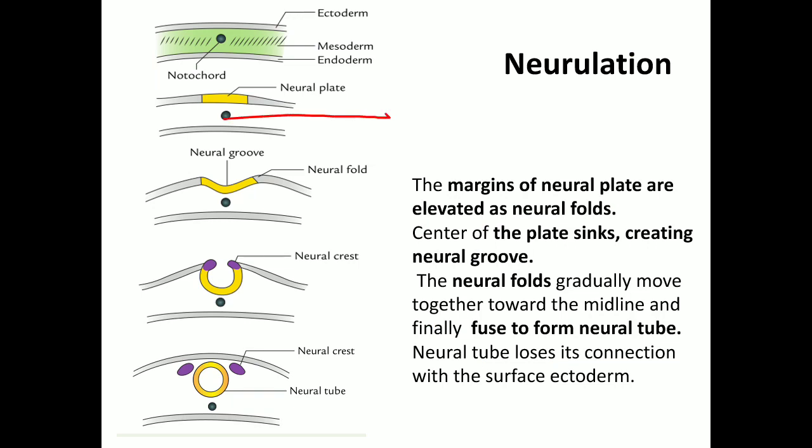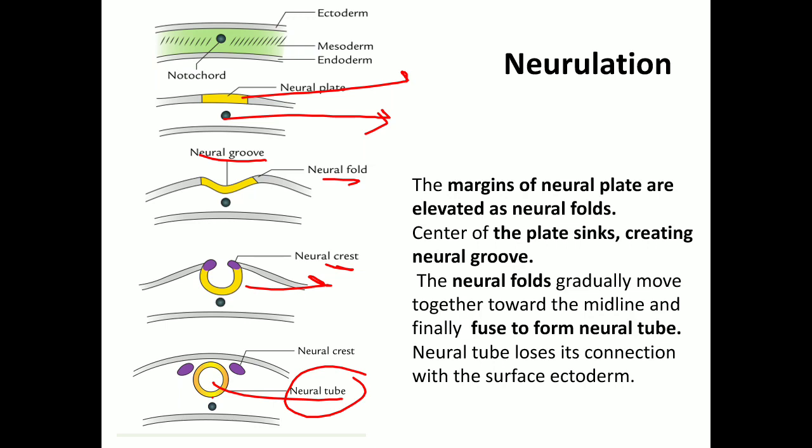Here is the notochord, and ectoderm over it is called the neural plate, and the margins of this neural plate are called neural folds, and the central part of the neural plate is depressed to form the neural groove. Now the neural folds are moving towards each other and they will finally fuse to form the neural tube. So thus the formation of neural tube occurs.